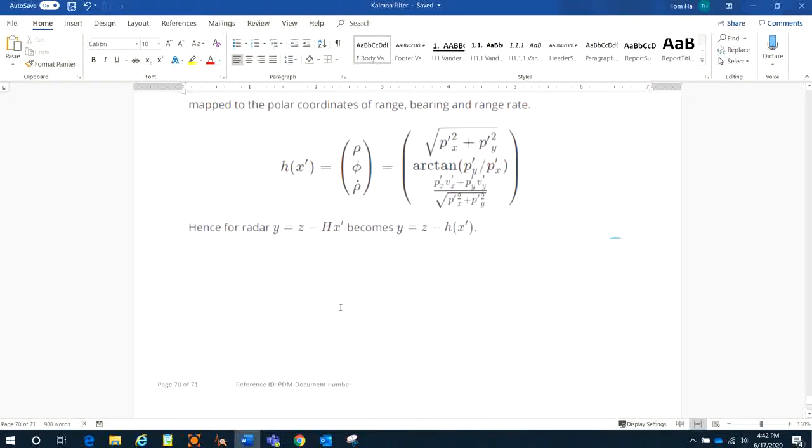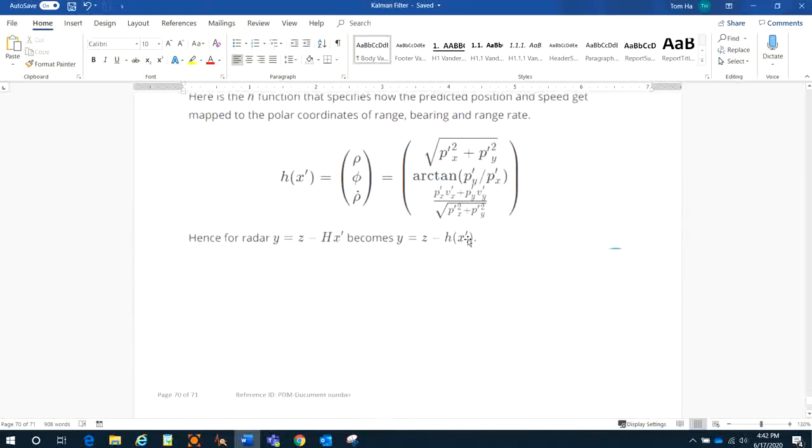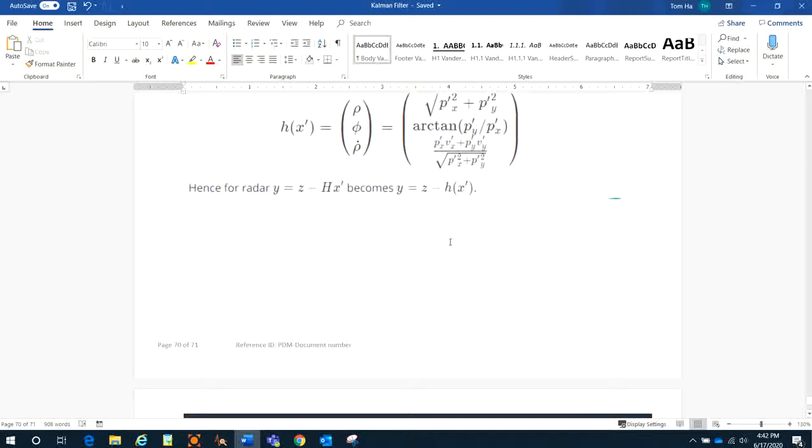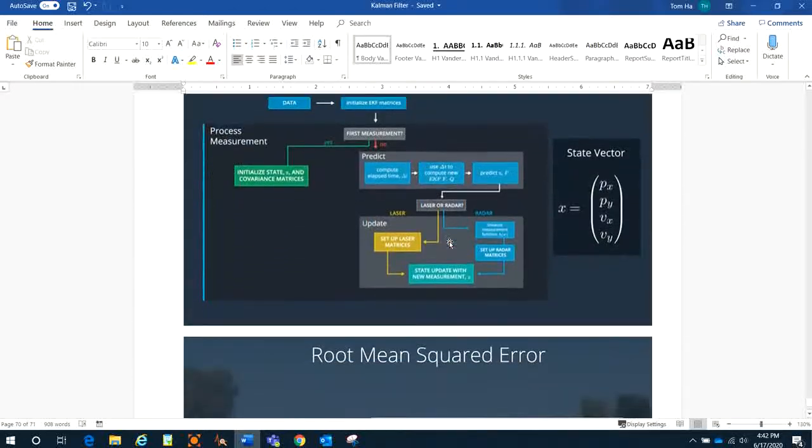So in the radar, the measurement update becomes y equals z minus h of x prime. But in the laser, you remember it's only this one. In the polar coordinate system with the radar, we use this one because it's a nonlinear function.